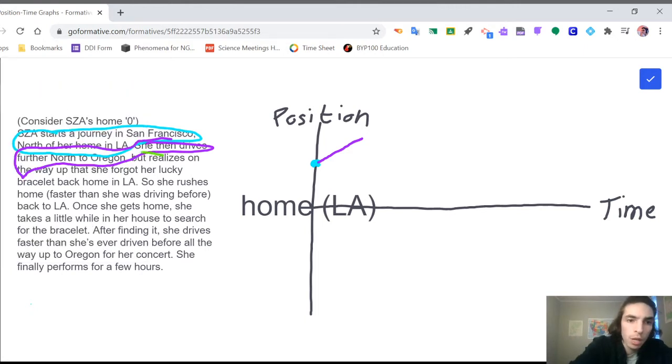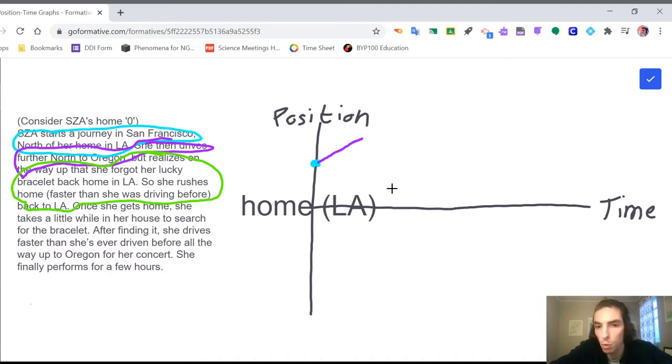She rushes home faster than she was driving before, back to LA. So if I want to draw her moving back to LA, I'm going to need to draw her time going forward, but her moving back towards home. And I need to draw this line steeper than this initial part of her journey because we're told that now she's moving faster than she was before, which means it needs to be a little steeper.